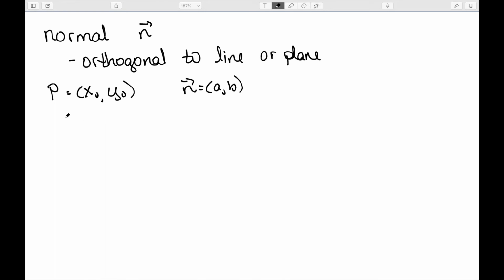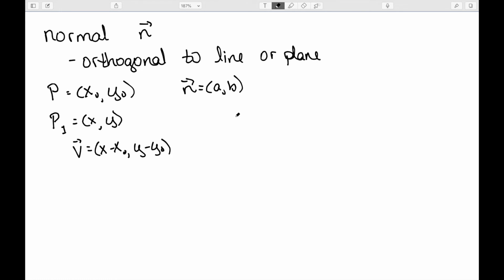So if I consider a vector that starts at x0, y0, and ends at some random point x, y, then my actual vector here, we'll call it v, would be x minus x0, y minus y0.